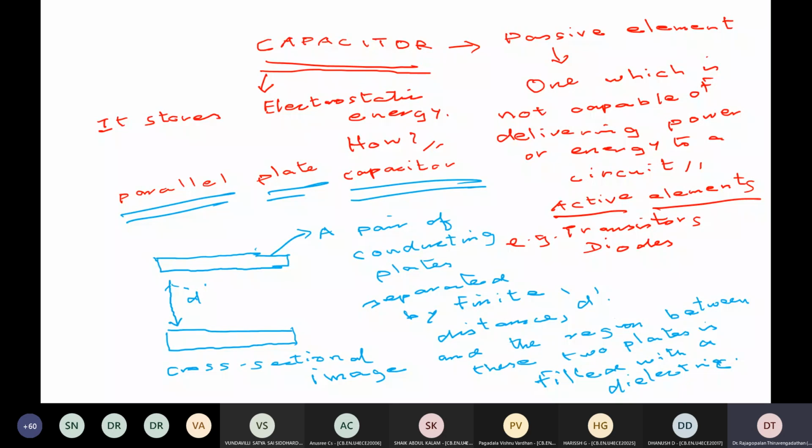Right. So a capacitor is nothing but a pair of conducting plates separated by a finite distance D, and the region between these two plates filled with a dielectric. Okay, so the dielectric is nothing but an insulating material. Now, what this geometry holds for us is something that we are going to see shortly.